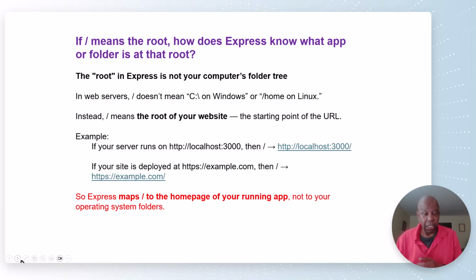If you went to https://example.com, then example.com would be the entry point into that website. So what Express is doing is mapping slash to the home page of your running application and not your operating system.